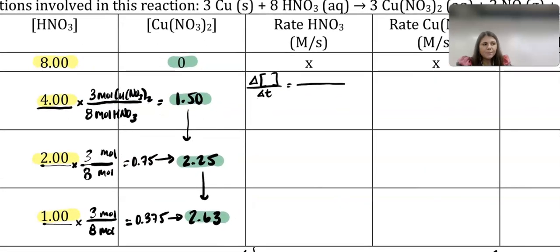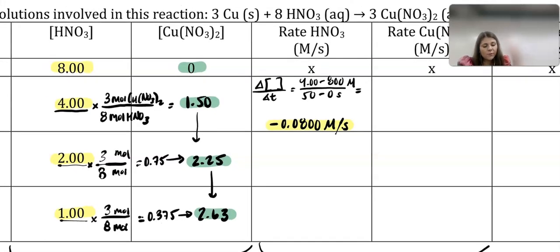So here, the change in concentration went from 4 to 8. And that time interval was 50 minus 0 seconds. And so here, we are going to get negative 0.0800 molarity per second, all right? And again, this makes sense that the rate is negative because this is the rate of disappearance.